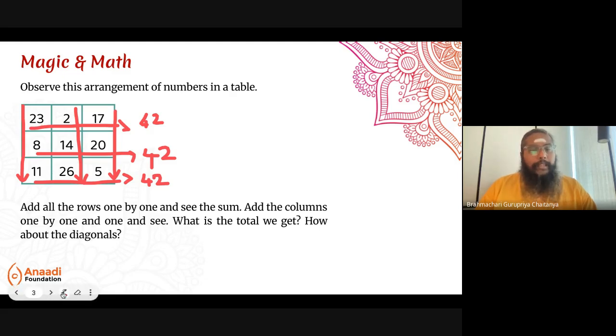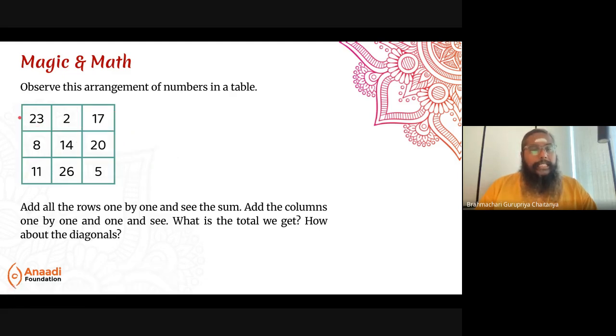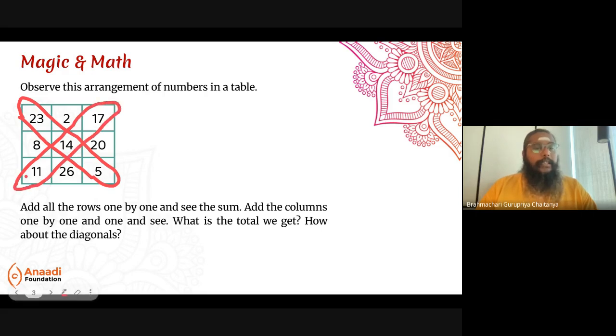Similarly, if you try and add this diagonal, 23 plus 14 plus 5: 23 plus 14 is 37, 37 plus 5, 42. That was the primary diagonal. This is the secondary diagonal. If you add this, you will get 11 plus 14, 25, 25 plus 17, 42.